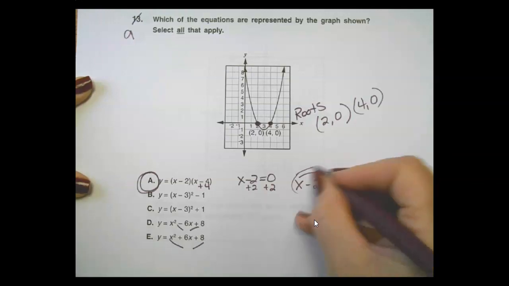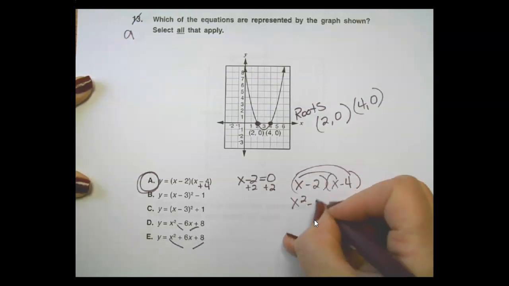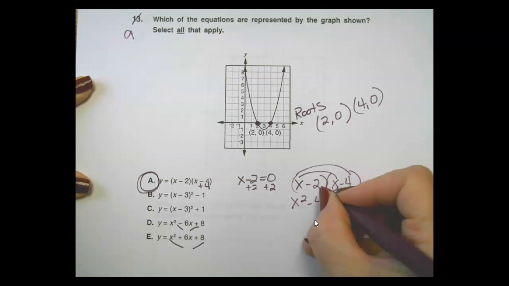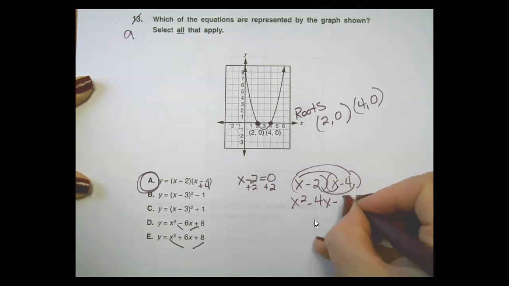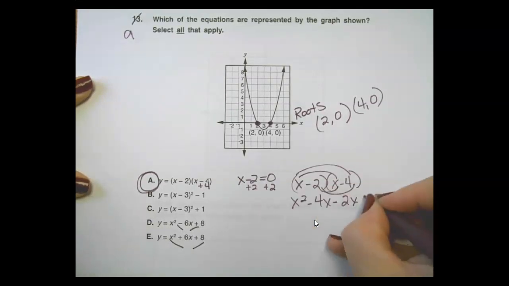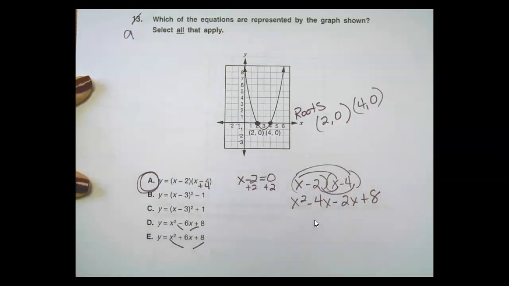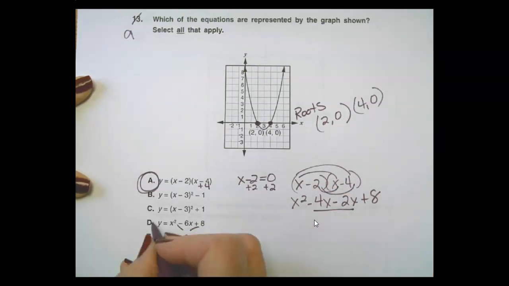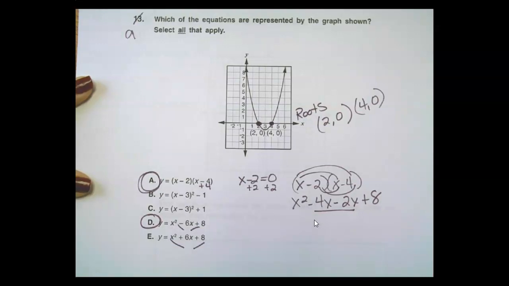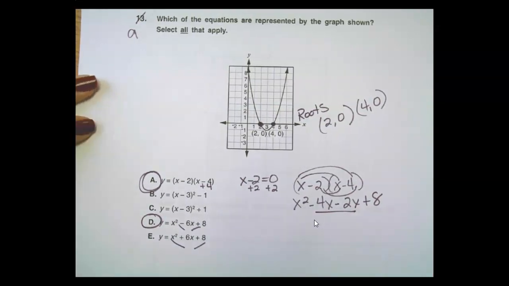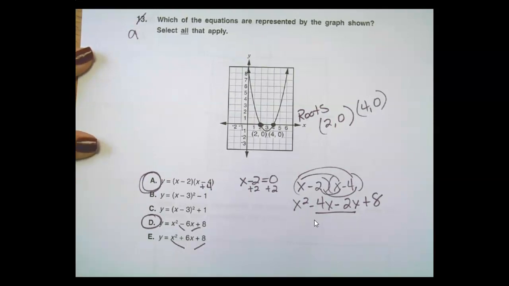So this times this times this: x squared minus 4x, this times this, negative 2x, and a positive 8. Okay, simplifying this one, so it's going to be that one. Again, I understand I'm going fast, but sometimes you guys need to know fluently and quickly and know some of these clues.